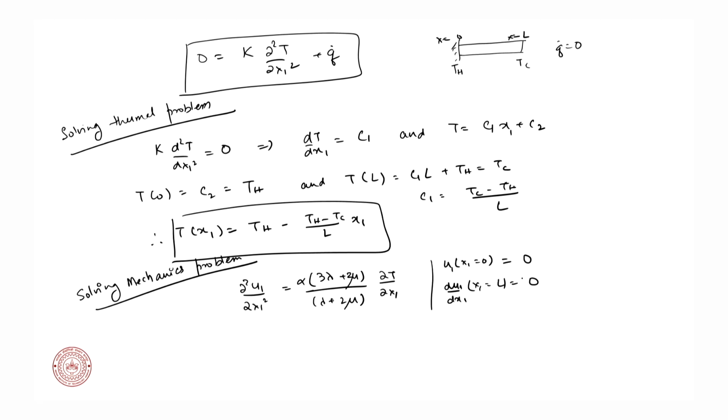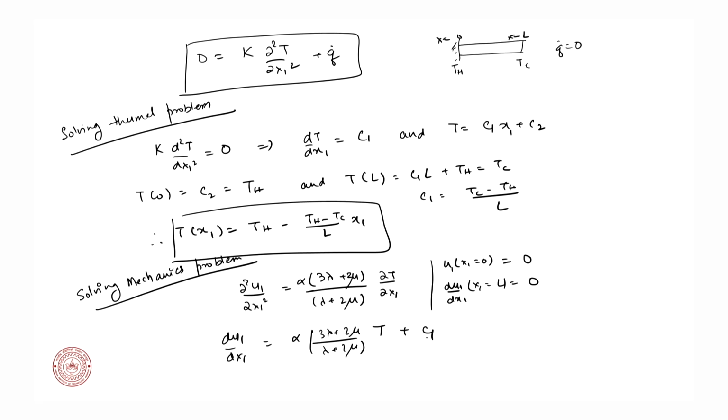That is, it is a free end, so at the free end the slope is 0. At the fixed end, we have the displacement as 0. Okay, very well. Now, if we can integrate this once, we will get du1 by dx1 is equal to alpha 3 lambda plus 2 mu over lambda plus 2 mu of temperature plus a constant C1.